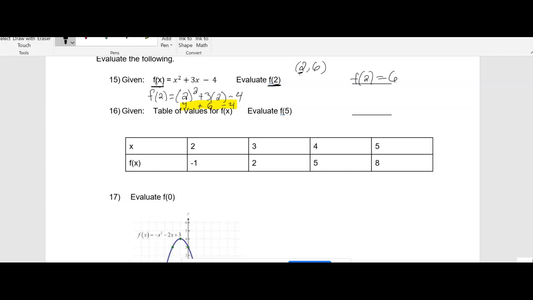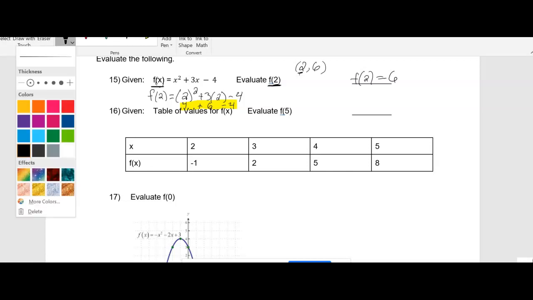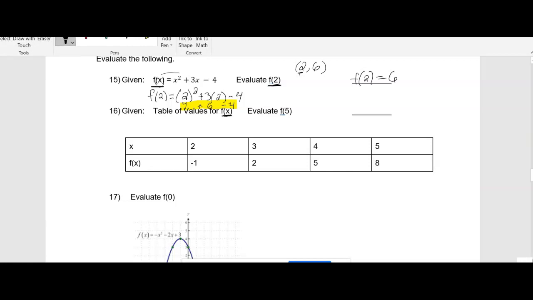All right. So 16, same idea, just a little bit different with the table. F of x, now I don't give you this equation, like you don't actually have an equation, you just have a table. But if we understand this notation, what this is saying is when x equals 5, what does y equal? So if you go to your table, find when the x coordinate is a 5.